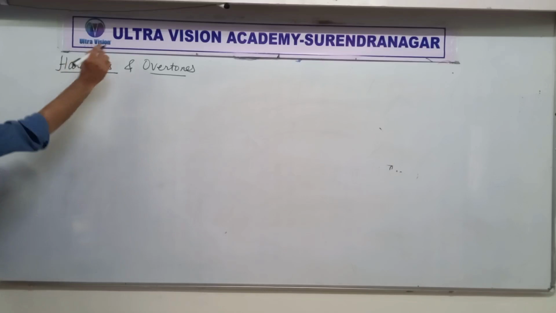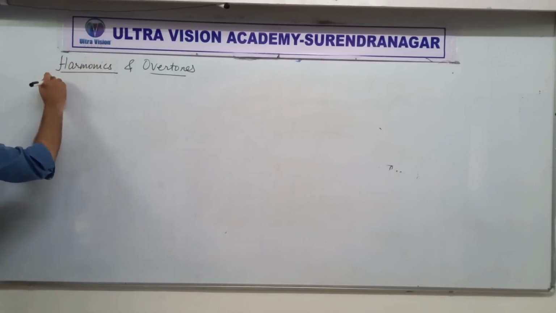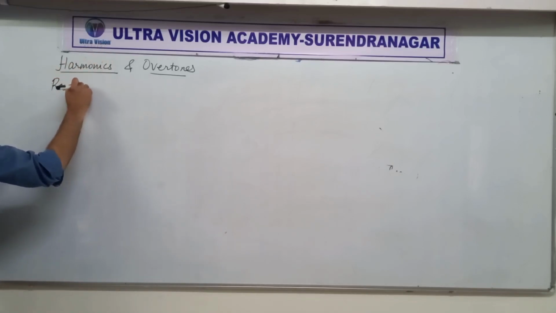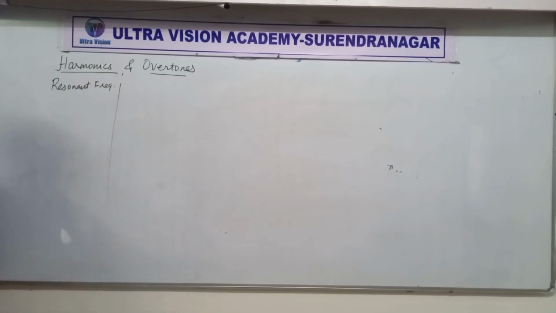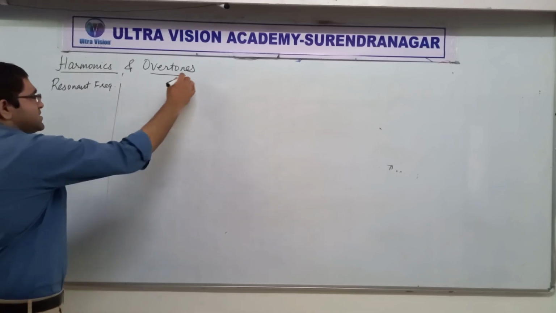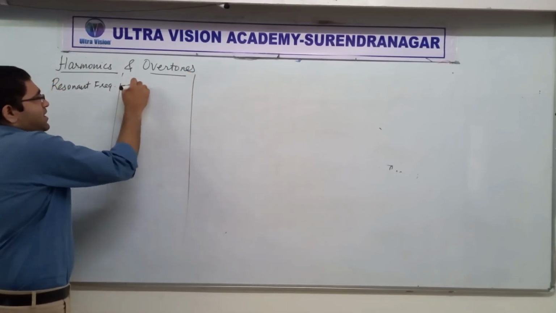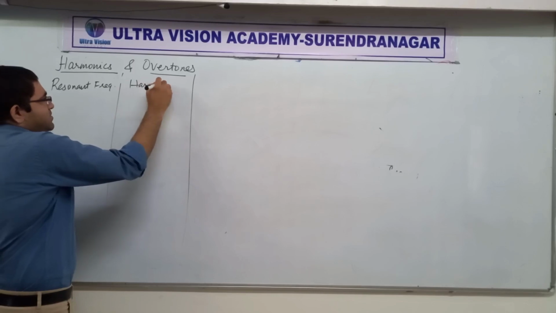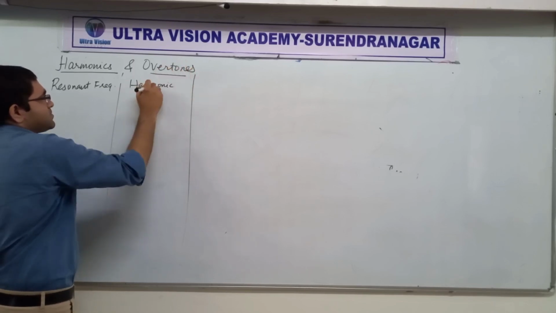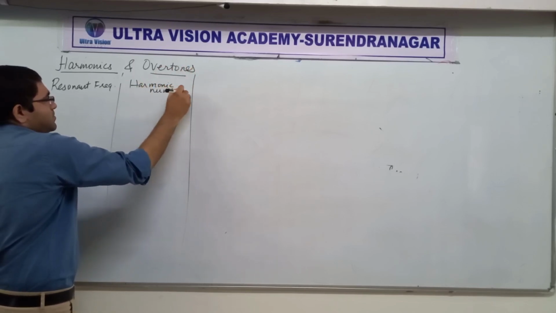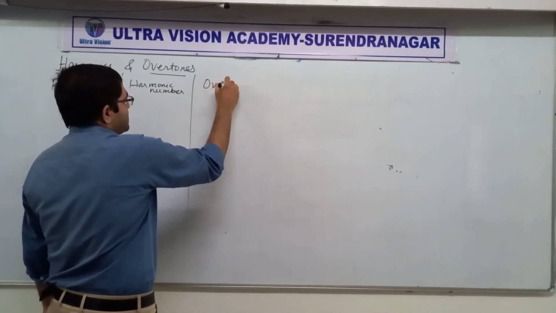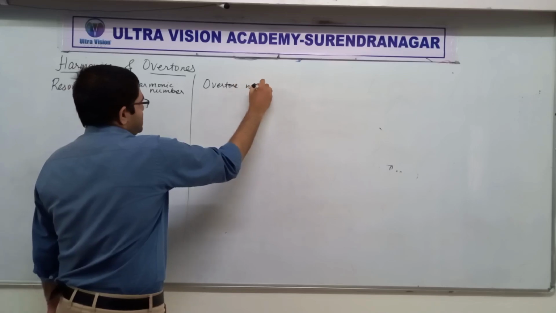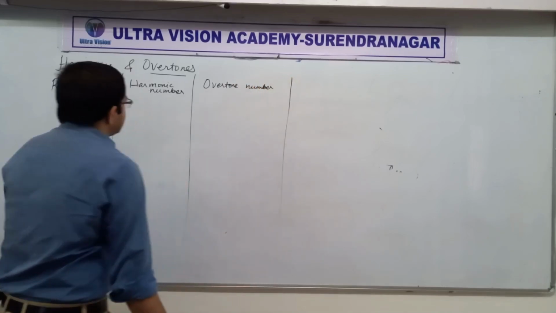Let's start. First of all, the first column is resonant frequency, then harmonic number, and overtone number.